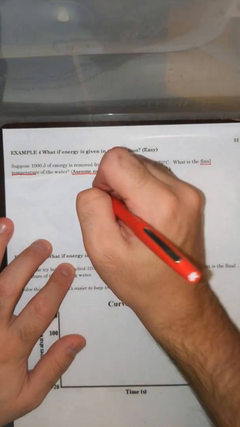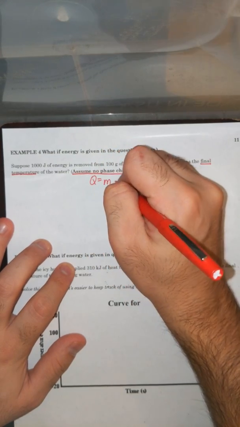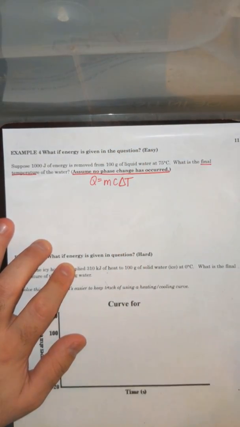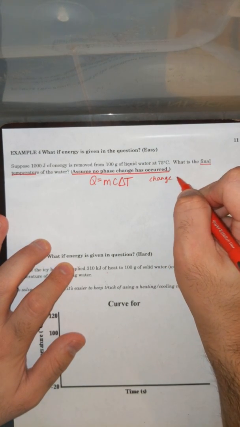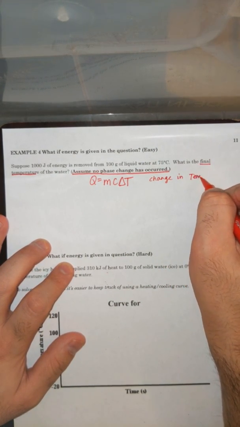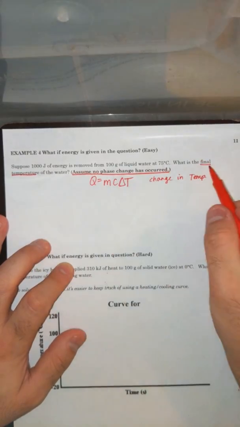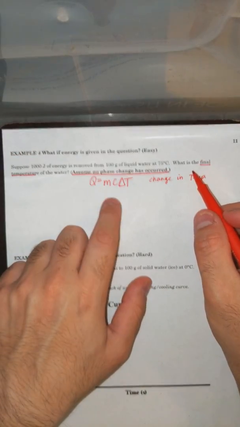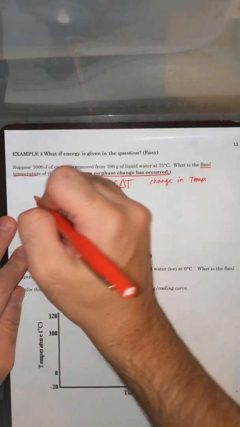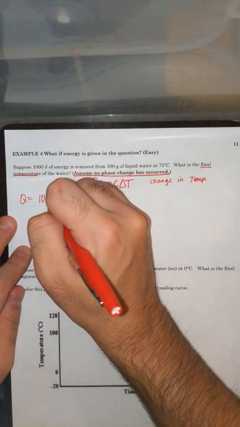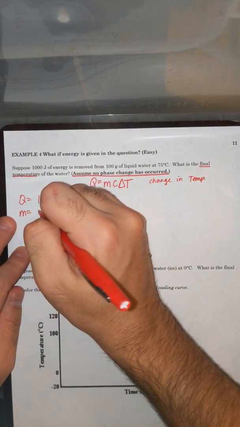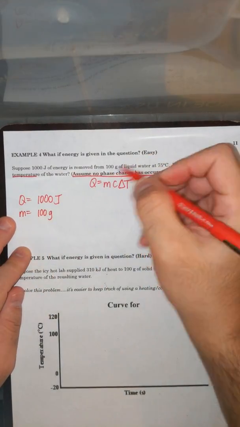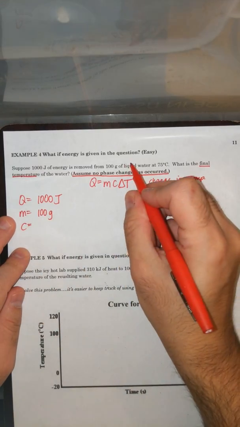So if no phase change has occurred, and I'm having a change in temperature, I'm going to be using this equation, right? I have a change in temperature. Because I told you what's the final temperature, and I'm removing energy. So I'm going to be using Q equals MC delta T. Well, I gave you Q. It's 1,000 joules. The M is 100 grams. It's liquid water.